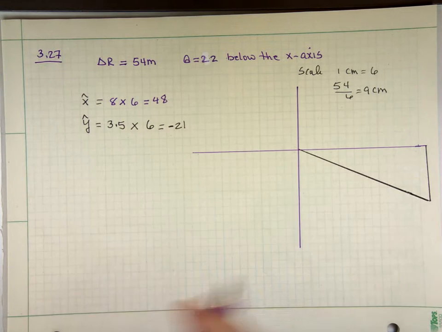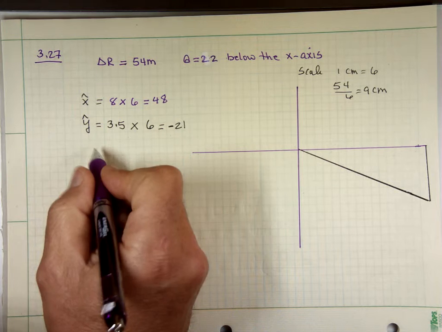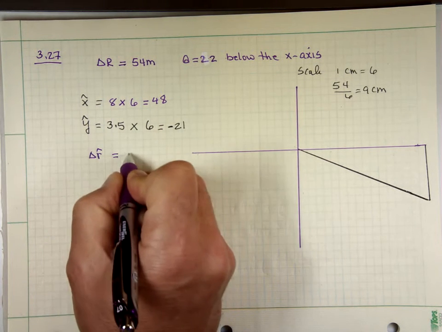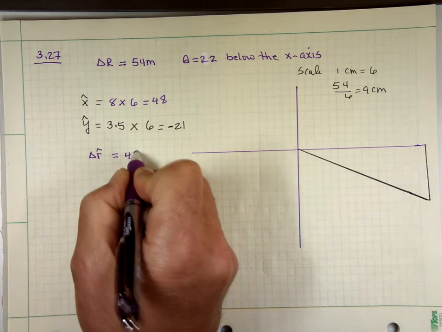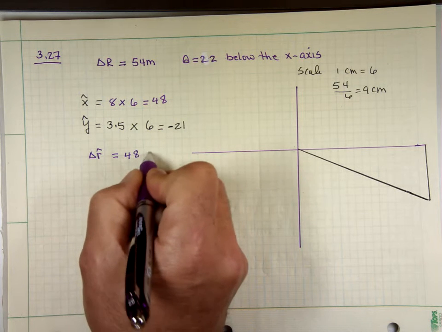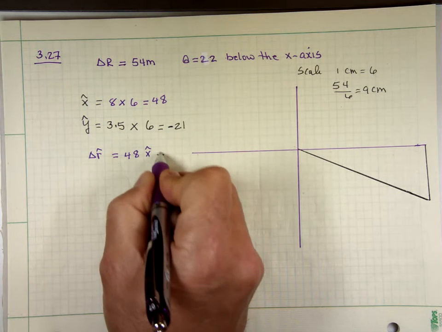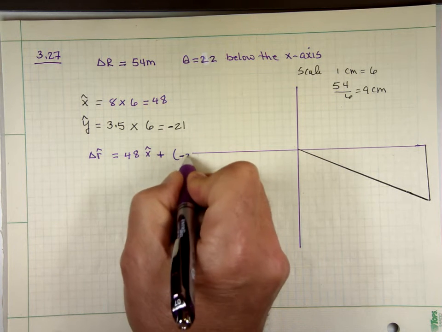So if I write the change in r, I will write that it's 48 in the x direction plus a negative 21 in the y direction.